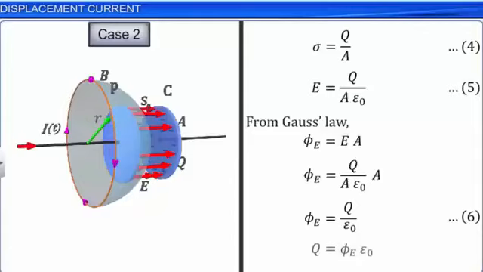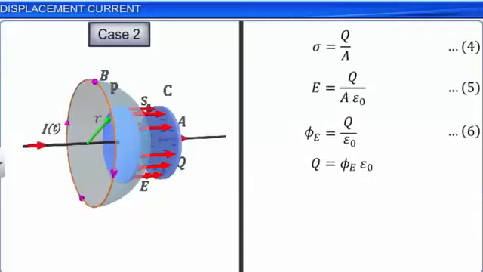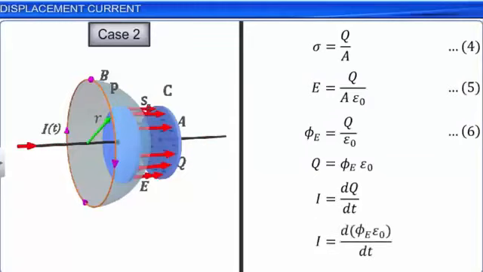Due to the time-dependent current source, the charge on the plates of the capacitor changes with time. Thus, the current due to the rate of change in the charge, I, is equal to dQ by dt. On substituting the charge, we get the current I is equal to d phi E into epsilon naught by dt, which can be written as I is equal to epsilon naught into d phi E by dt.